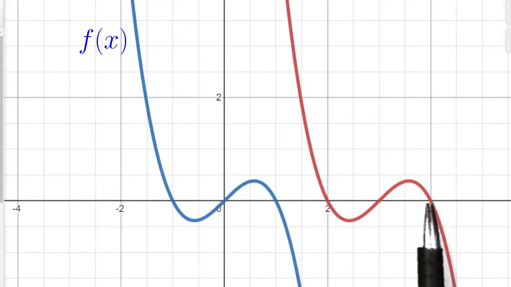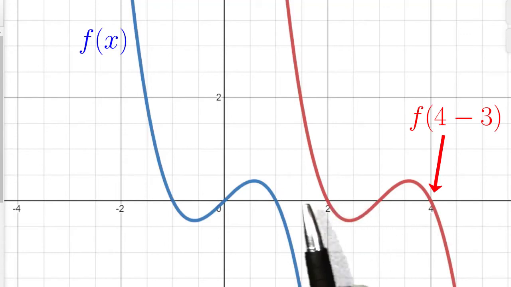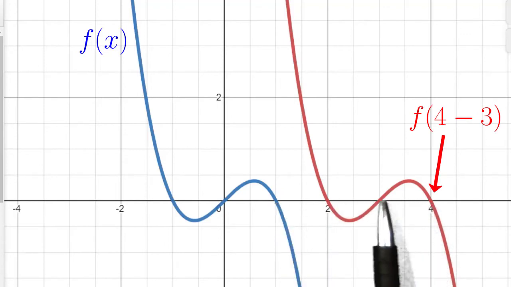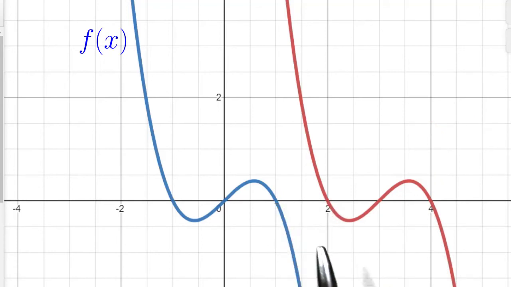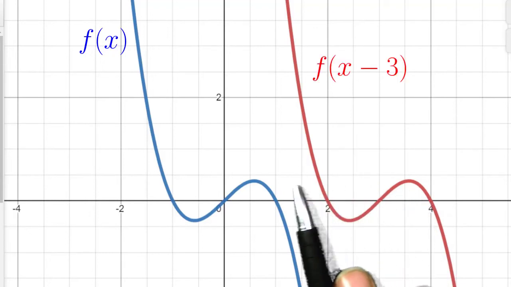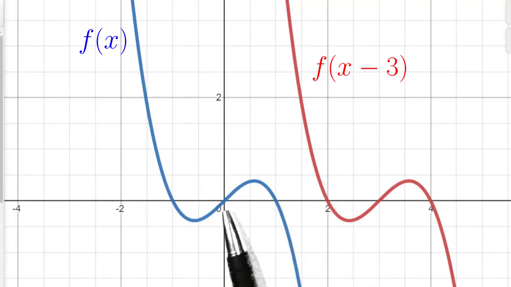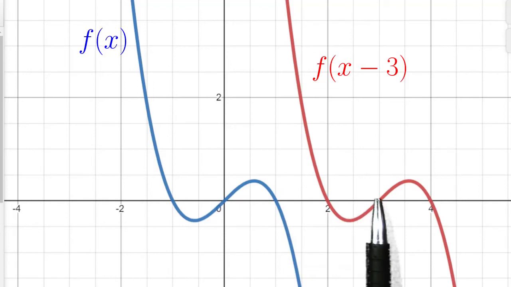The value of the red function at 4 is the same as the value of the blue function at 1. That's 4 minus 1, 2, 3. In other words, the value of the red function at any number x is the value of the blue function, the original function, at x minus 3.